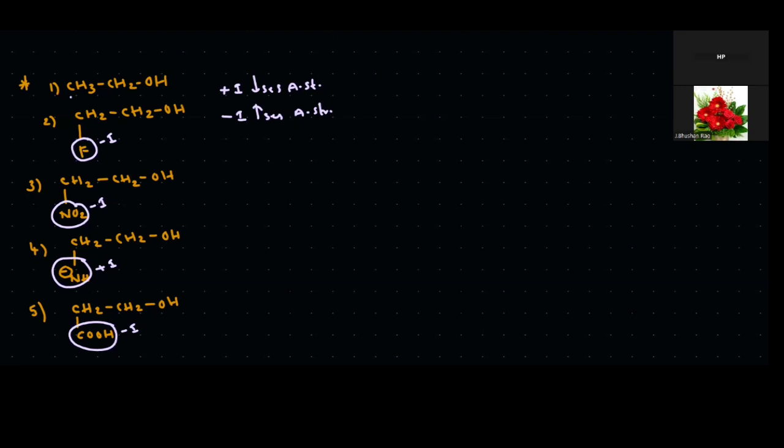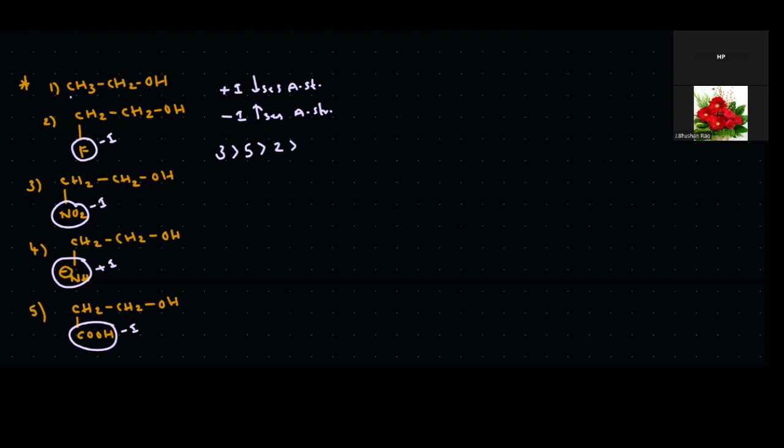In these three, the NO2 group withdraws electrons most effectively, so it is the most acidic, then next COOH and fluorine. The COOH group withdraws more effectively than fluorine. So 5, next 2.